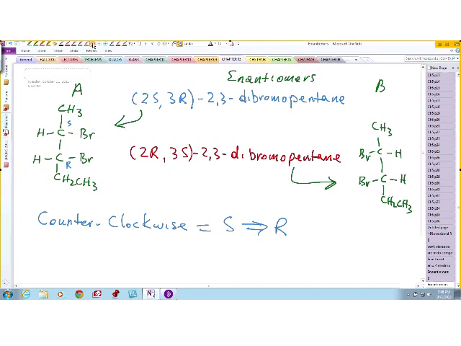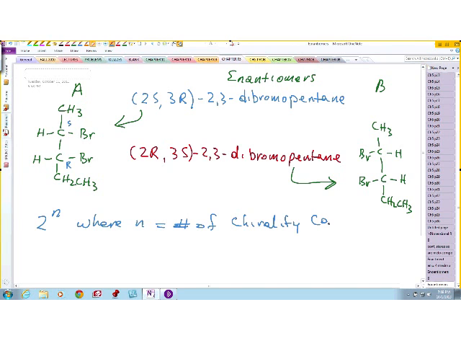There is a formula that you can use to determine the maximum number of stereoisomers you could obtain from a molecule if you know the number of chirality carbons or centers. And that formula is 2 to the power of n, where n equals the number of chirality carbons.